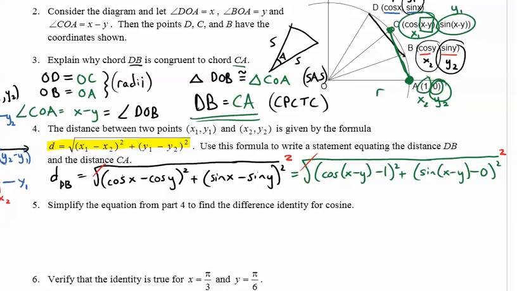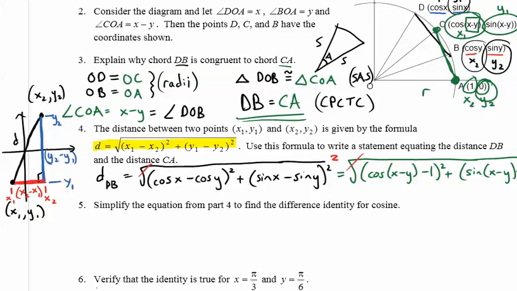So let me expand these brackets at the same time. (Cos x minus cos y) squared is not just cos squared x minus cos squared y. If I want to expand that, I have to think about it as a minus b squared, which is actually the same as a minus b times a minus b. So in order to expand this term, I actually have to FOIL: first, outside, inside, last.